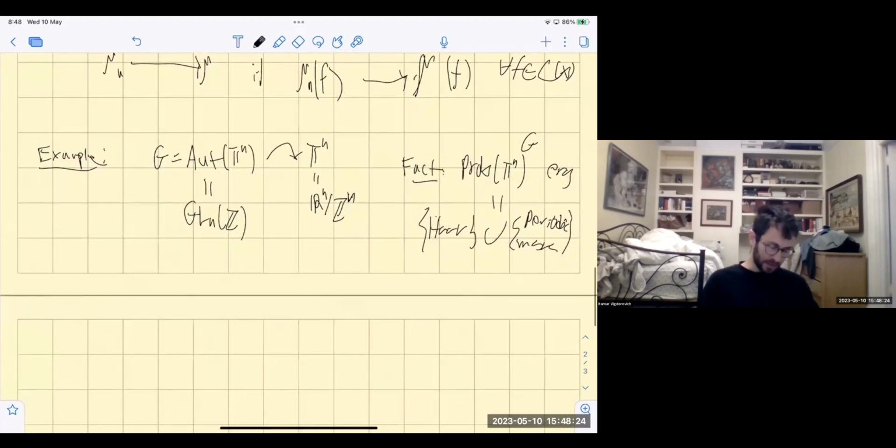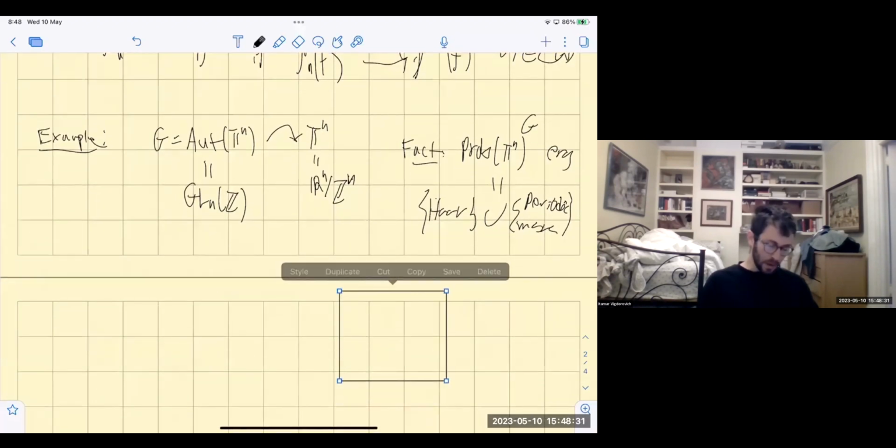In other words, if this is the two-dimensional torus, then of course the Haar measure is invariant under automorphisms.